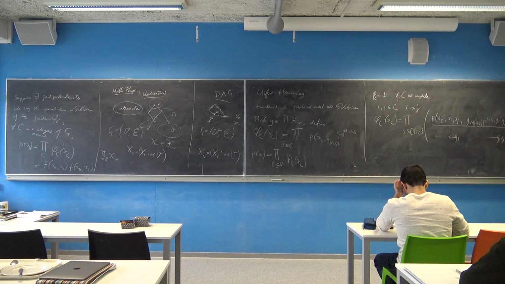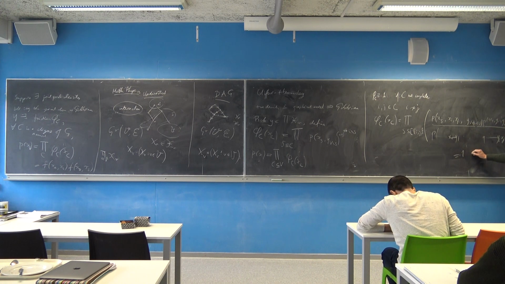So there are four P's here, and the x_S is the same everywhere, and this is the same everywhere, y of V less S and less I, J. And this equals 1 because x_I is independent of x_J given everything else.